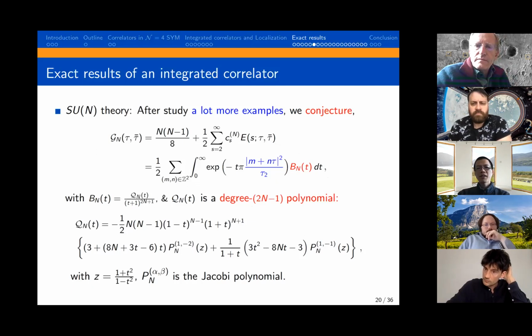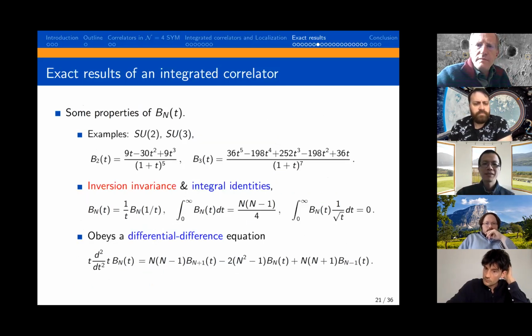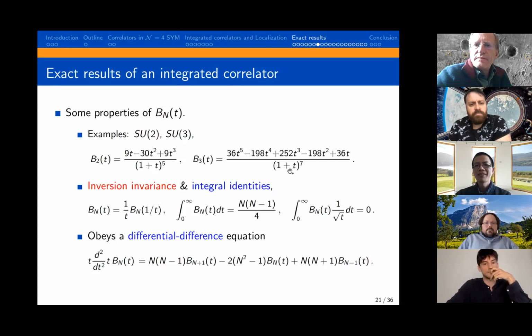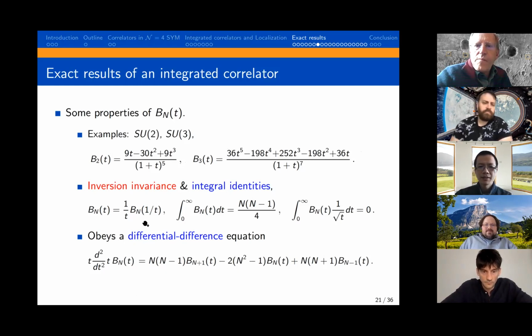Let me just give you some feeling of what this is. SU(2) I already discussed. This object takes this form, and for SU(3) it looks like that. One thing you notice is that it's symmetric, where the highest degree and lowest degree have the same coefficient. It's always like that. This symmetric property, with this right power here, implies what we call inversion invariance of this rational function.